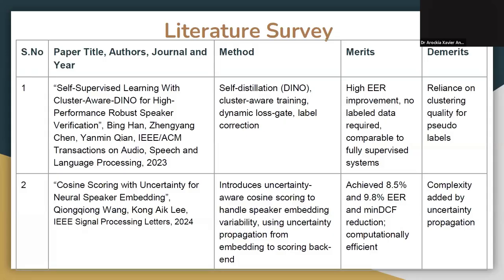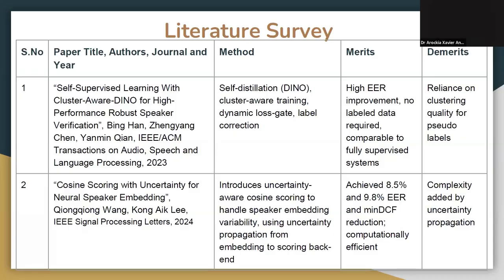Here the loss gate and label correction are involved, wherein the merit is a high EER improvement. So what is EER? Equal error rate. No labeled data is required here, and it is comparable to fully supervised systems. The demerit is the reliance on clustering quality for pseudo labels.